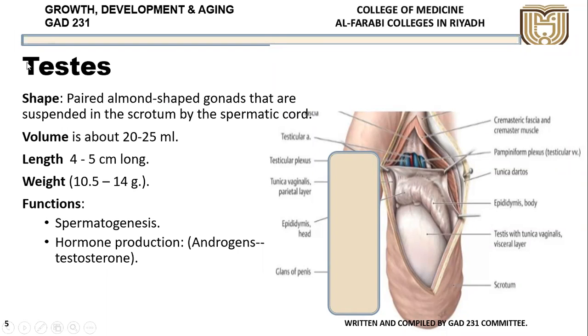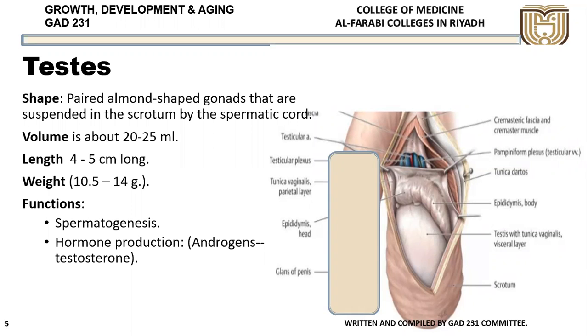Coming to the volume of the testis, it can hold up to 20 to 25 ml of the production, mainly the sperms. Because it is oval in shape, the length is almost 4 to 5 centimeters and the breadth is just 1 to 2 centimeters. The weight is almost 10 to 15 grams for each testis.